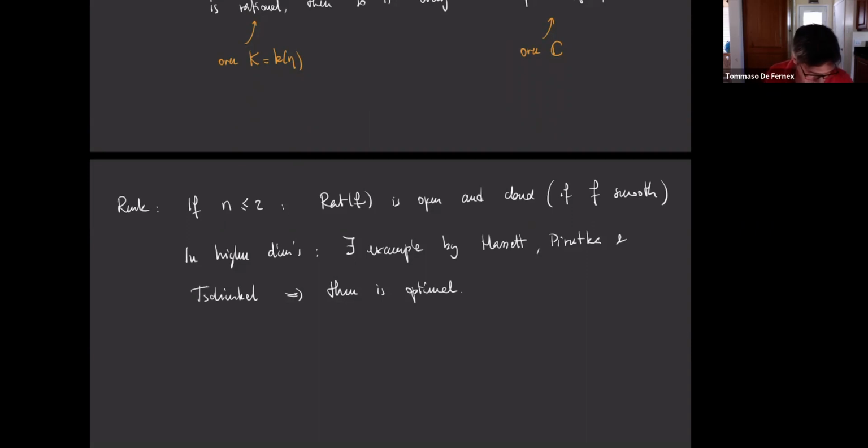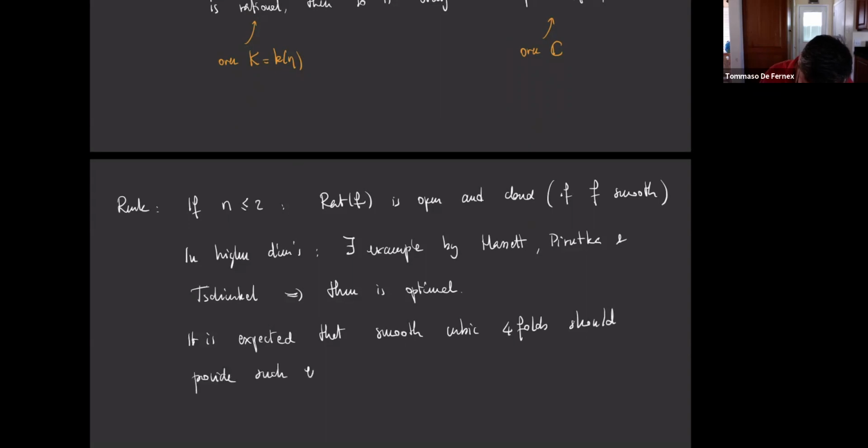But let me just mention that it has in fact been long expected that smooth cubic fourfolds should provide such an example.